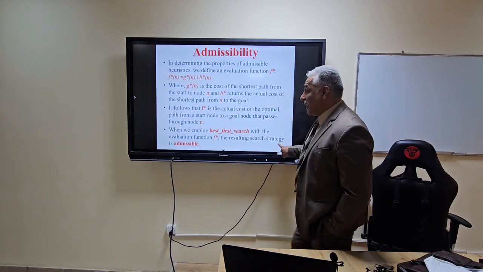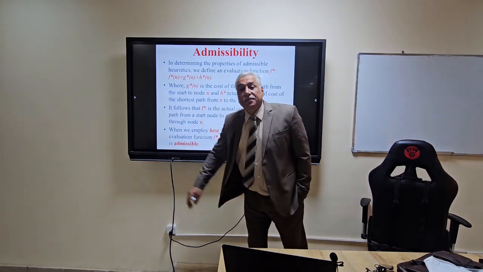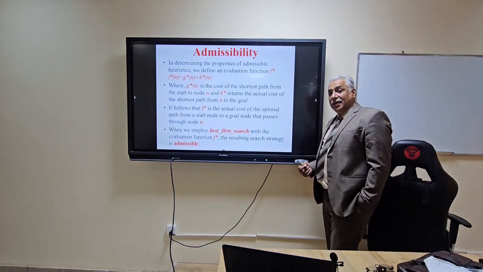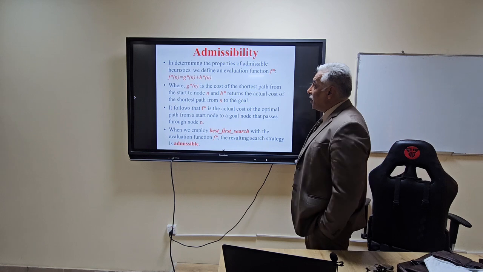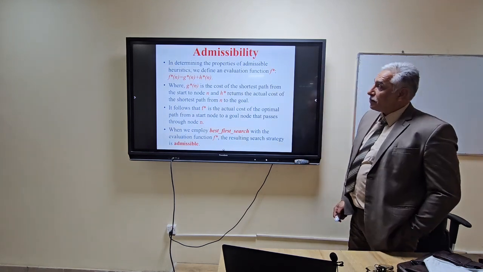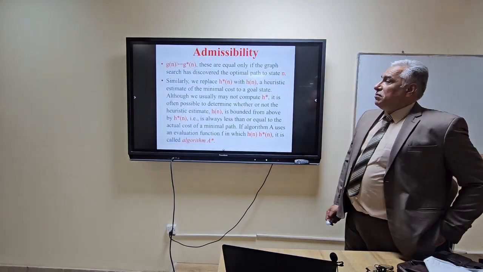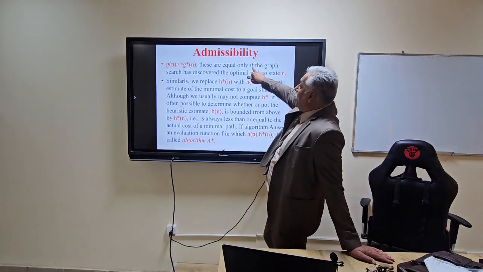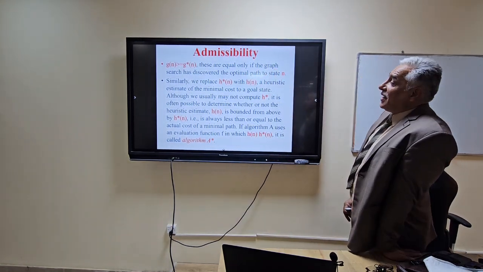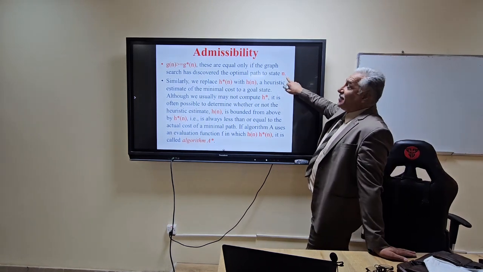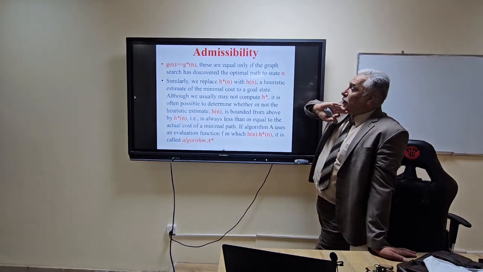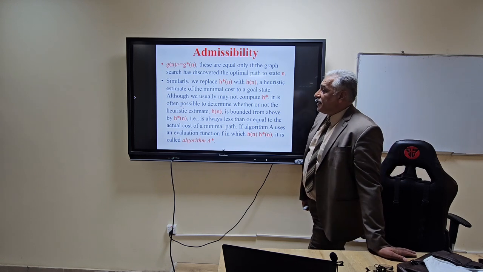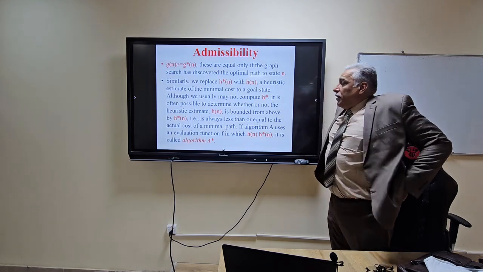The resulting search strategy is admissible because it is guaranteed to select the shortest path. It is called admissible. Now, g(n) is greater than or equal to g*(n); these are equal only if the graph search has discovered the optimal path to state n. Similarly, we replace h*(n) with h(n), the heuristic estimate of the minimal cost to goal states.